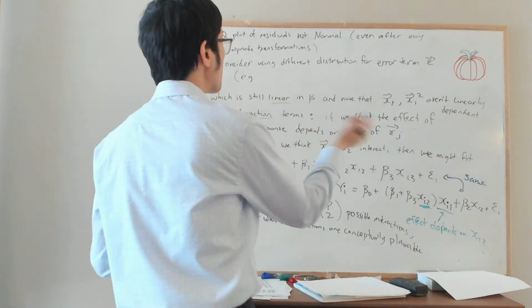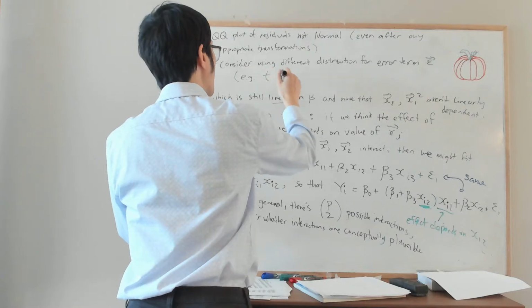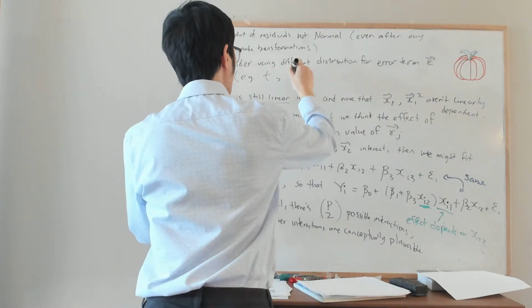Another example of a heavy-tailed distribution is a Cauchy.